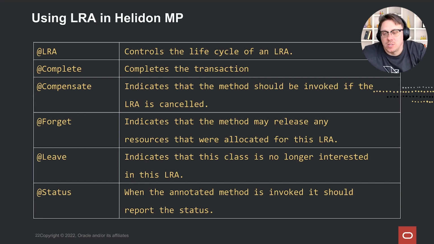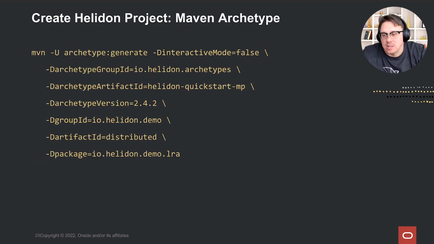If the transaction is completed and there is a method to complete it, you just annotate it with complete. If something goes wrong, you have to roll back the transaction. You annotate the method used for that with compensate. You also have status. You also have a way to forget about transactions and, for example, leave the transaction if everything is okay. We will see this in the example.